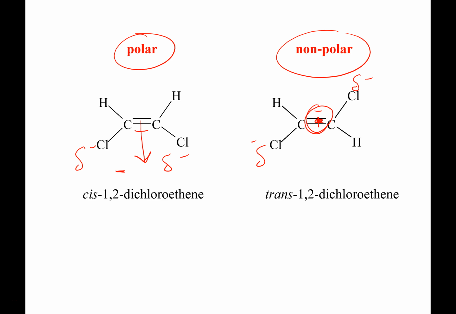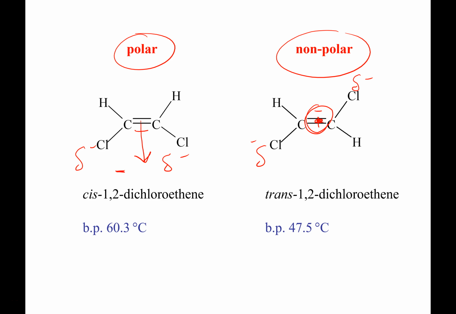When we look at the boiling point temperatures, which one would boil at a higher temperature? Yes, the polar one. Very good. The polar one boils at a higher temperature than the nonpolar one.